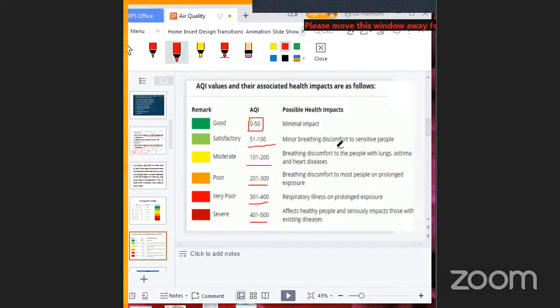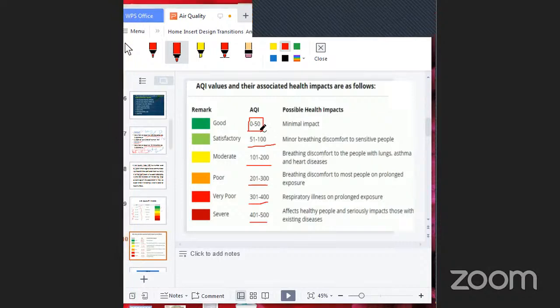These are the 6 categories: good, satisfactory, moderate, poor, very poor, and severe. Now each of these categories has been given a color code, so to remember these values it is very easy.